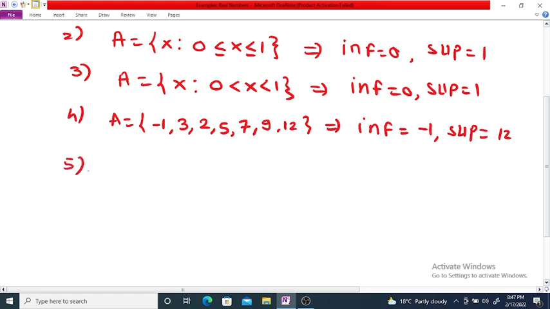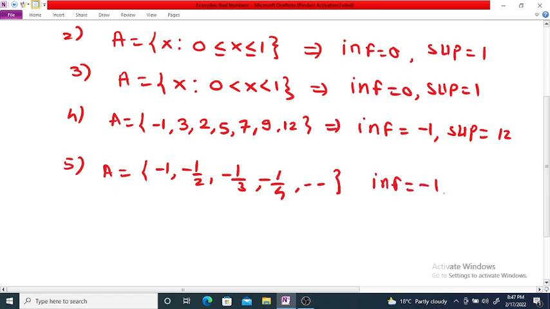Then example number 5. The set A is equal to {-1, -1/2, -1/3, -1/4, and so on}. So here the infimum is equal to -1 and the supremum is equal to 0.